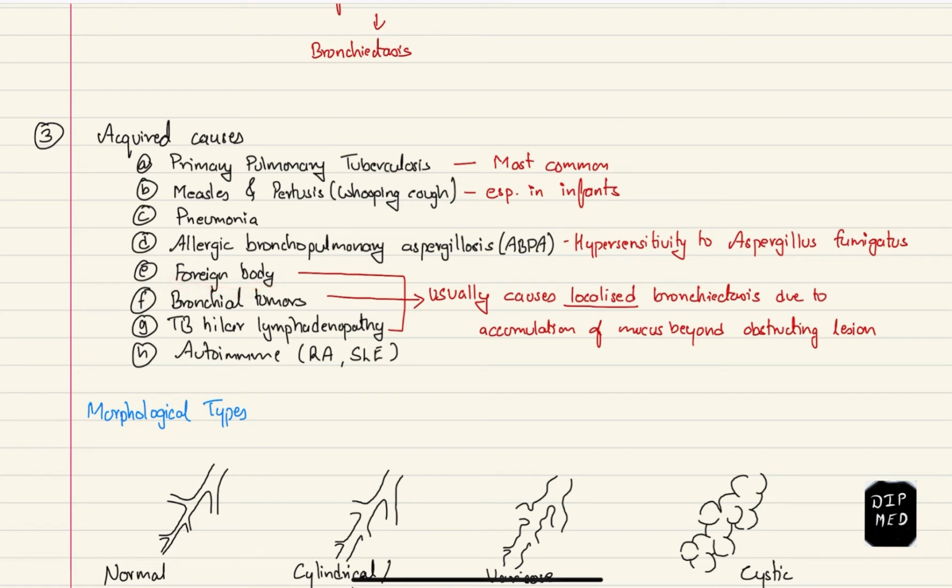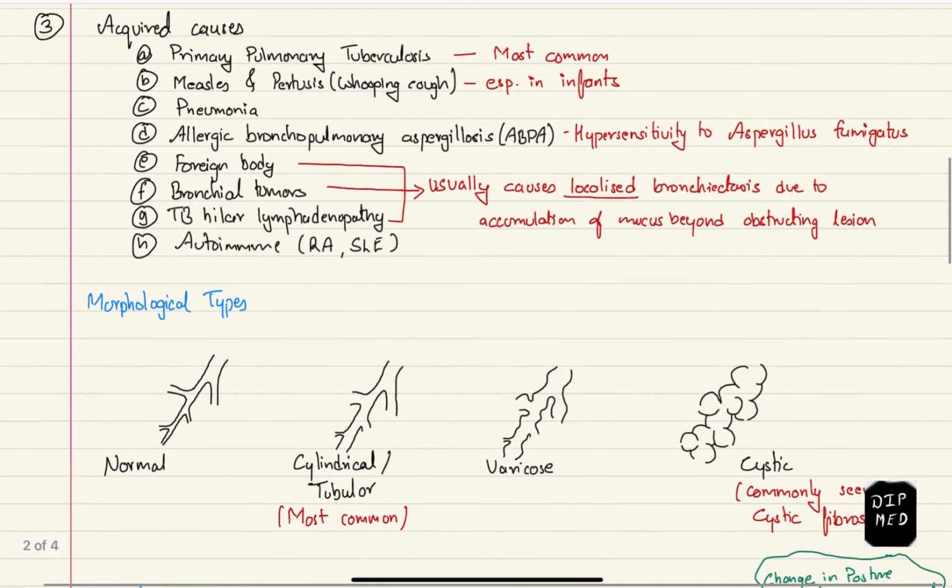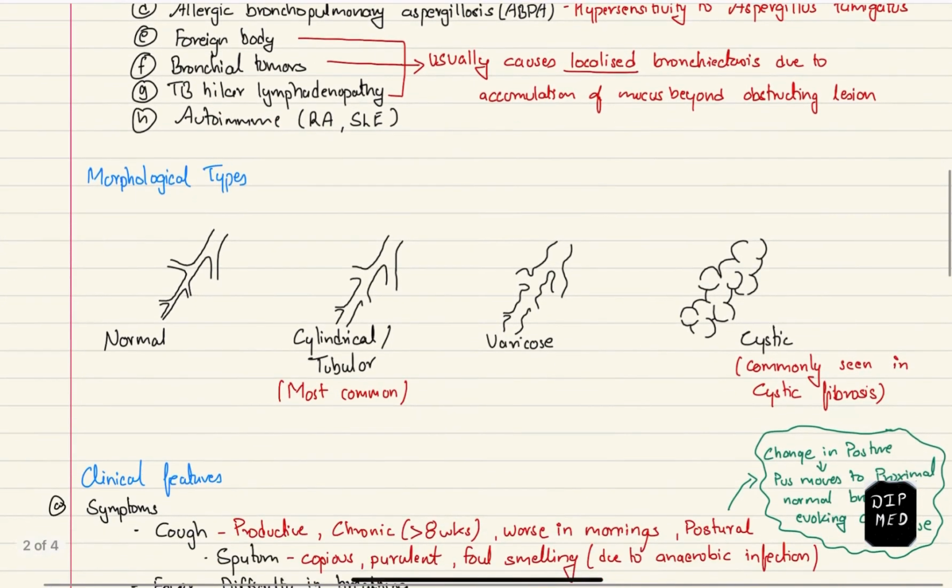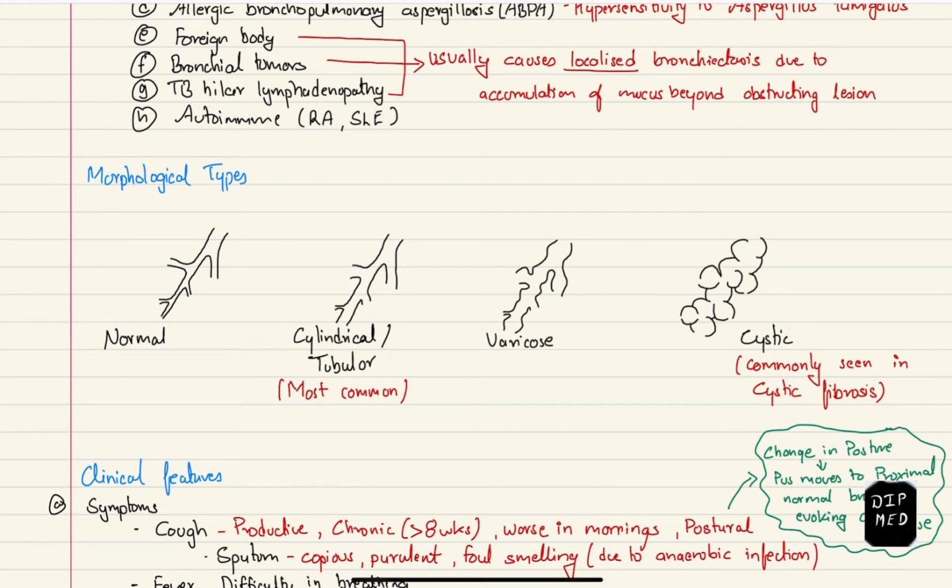Foreign body, bronchial tumors, and TB hilar lymphadenopathy usually cause localized bronchiectasis due to accumulation of mucus beyond the point of obstruction. Lastly, autoimmune diseases like rheumatoid arthritis and systemic lupus erythematosus can also cause bronchiectasis.